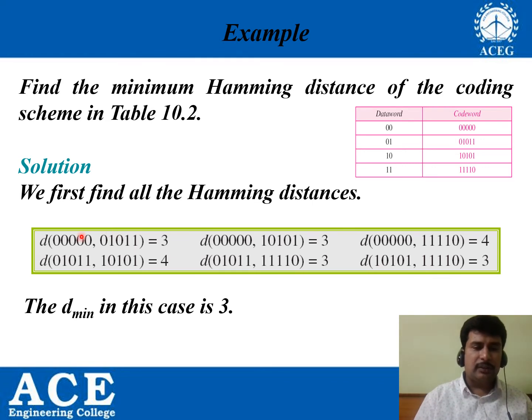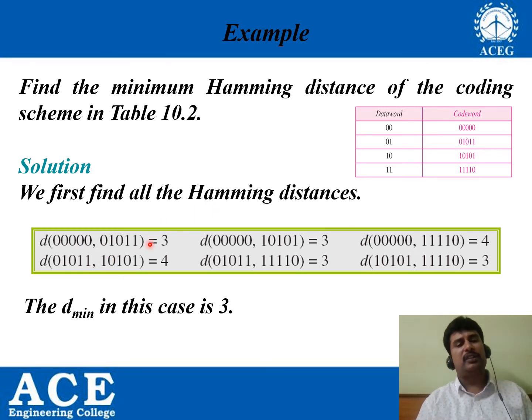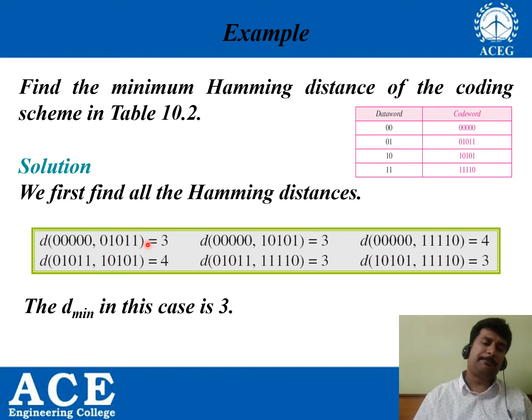Third bit is 0, 0, again they are same. Fourth bit is 0 and 1, fifth bit is 0 and 1. So totally out of 5 bit positions, in 3 bit positions they have different values. So the Hamming distance between 0 0 0 0 0 and 0 1 0 1 1 is 3.